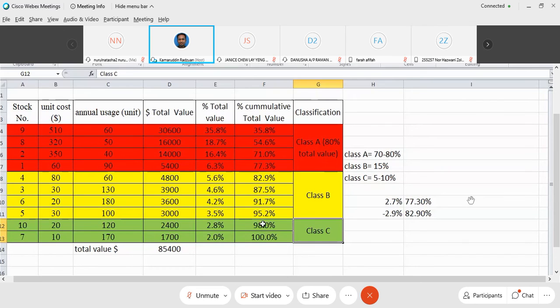Jadi yang kita belajar ni berkaitan dengan ABC analysis ni adalah sebagai asas panduan bagaimana classification of inventory itu dilaksanakan.